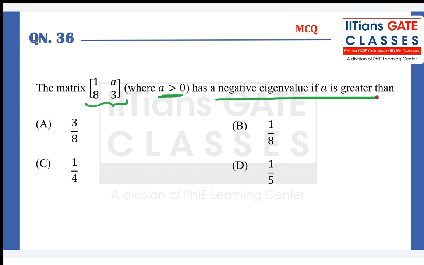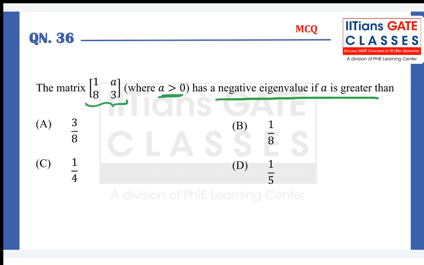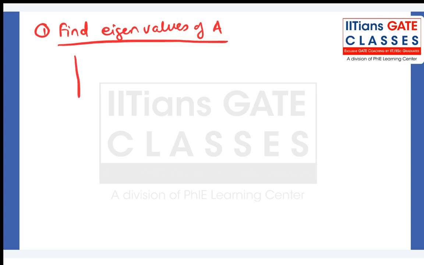So here what you need to do is first find the eigenvalues of A, and we have done this multiple times. You need 1 minus lambda, A, 8, 1 minus lambda. You need to take the determinant of this matrix, and here it is 3 actually.